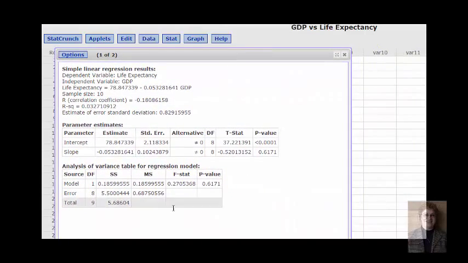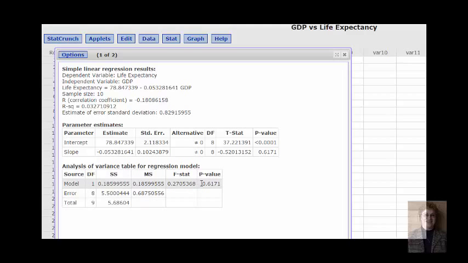Now I want to show you that here is our correlation coefficient, negative 0.18. Here is our R squared, and so about 3% of the variation in life expectancy is due to the relationship between GDP and life expectancy.